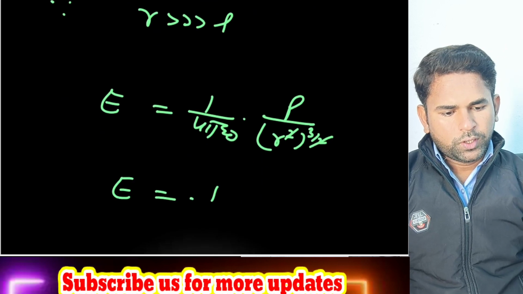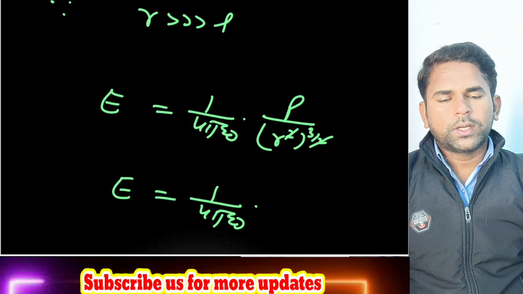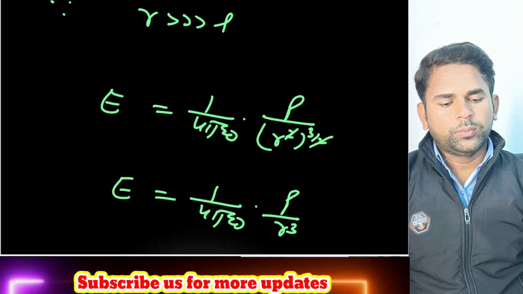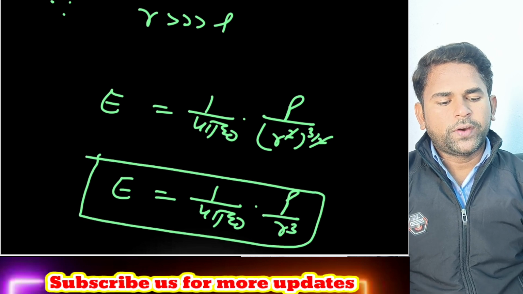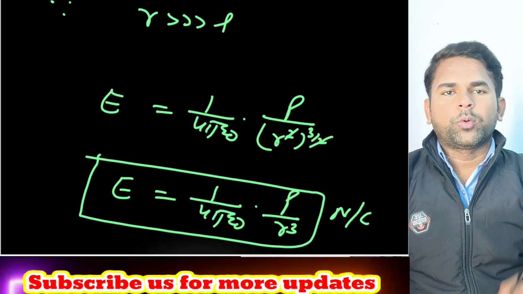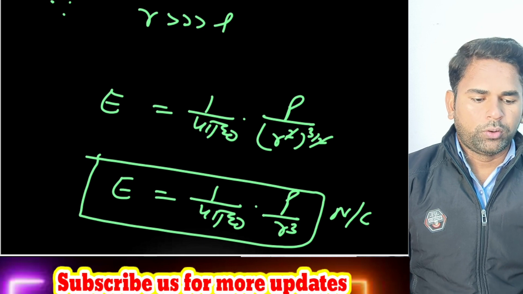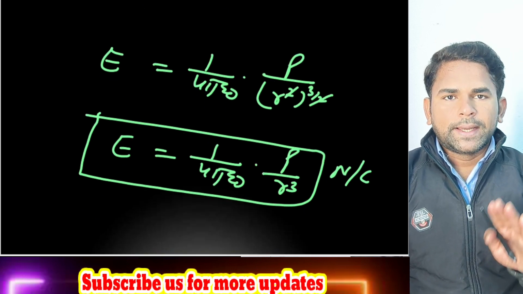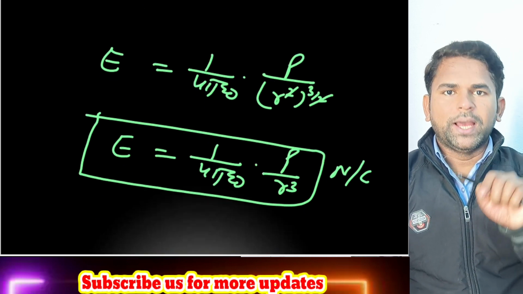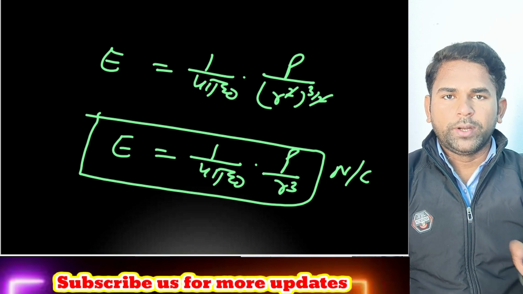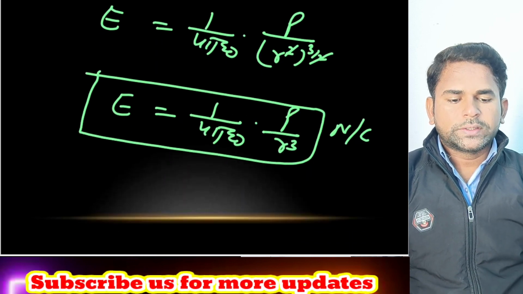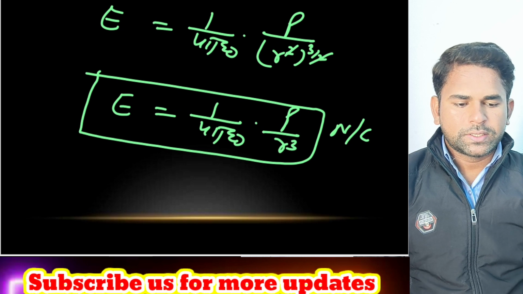So E is equal to 1 upon 4 pi epsilon naught into P upon R cube. This is the final electric field at point P due to the negative Q pole and positive Q pole. P is the electric dipole moment, don't be confused. So this is the electric field, you got the relation, there is no problem.